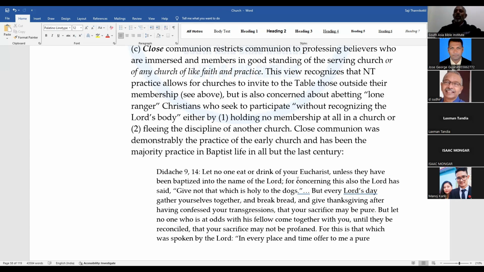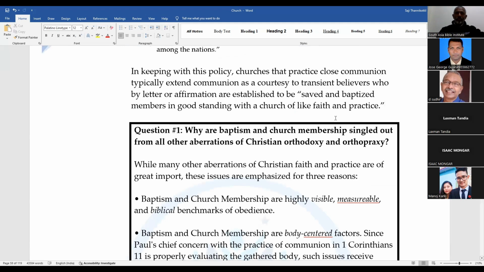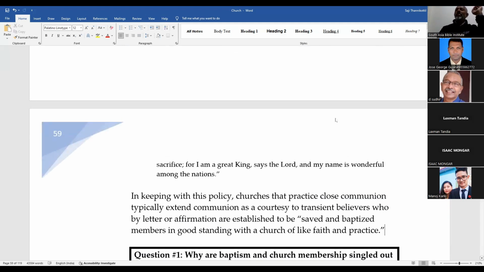So that is what close communion actually is. All right. So when you look at biblical patterns, it is not closed communion, but close communion that is practiced in the book of Acts.